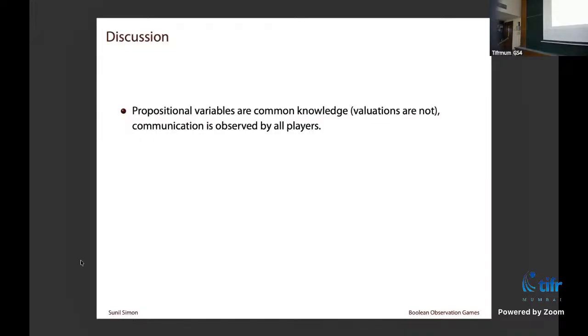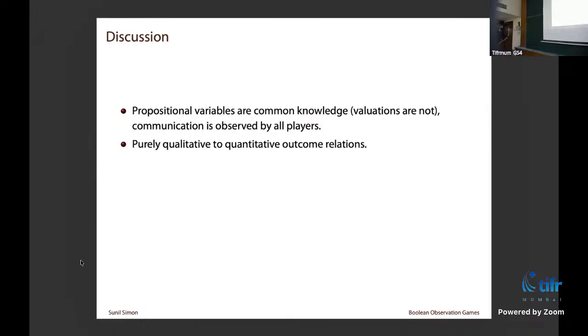So even the variables may not be common knowledge. And in particular, the communication. So when that profile S, everyone knows which are the set of variables that you're communicating. What they don't know is the value. That you can change. And then of course the results will also change.